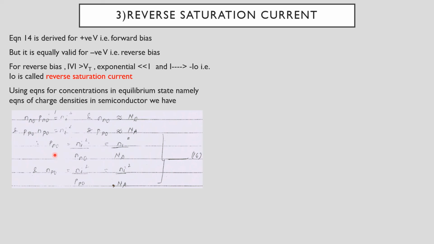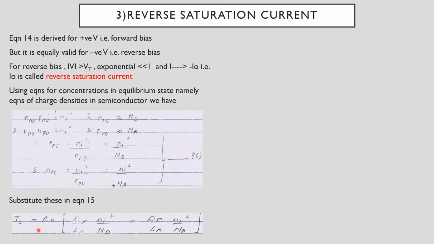So we can write down Pn0 from this equation. Pn0 is equal to Ni square upon Nn0. We are substituting Nn0 as Nd. Same way, Np0 is Ni square upon Pp0, and in place of Pp0 we are substituting Na. So these are equations 16.